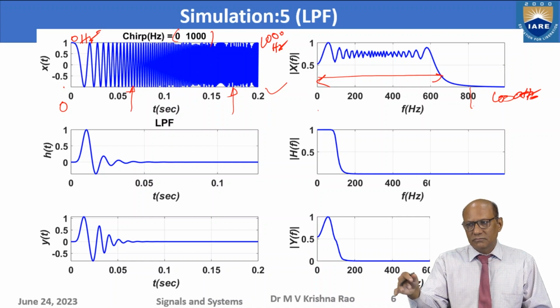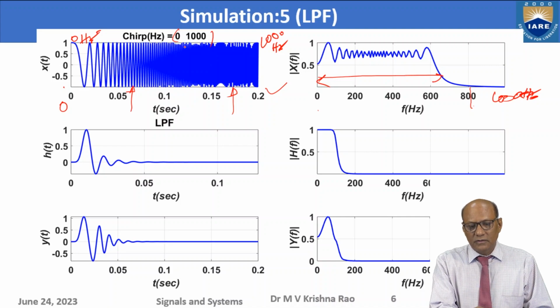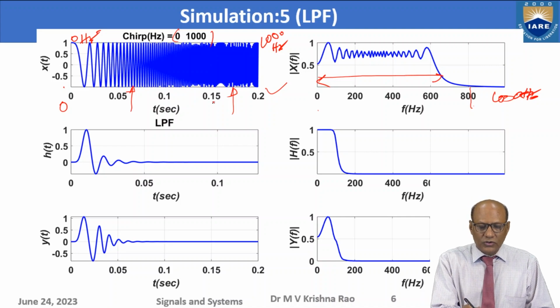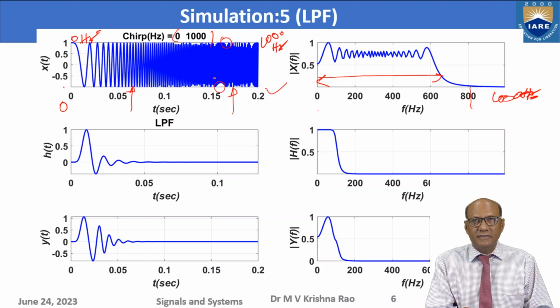That used to have decaying side lobes. Here it is not like that, because here all frequencies are present with equal amplitude. See here the envelope of the input signal is constant. So here you will see some ripples. It is because the frequencies are increasing.